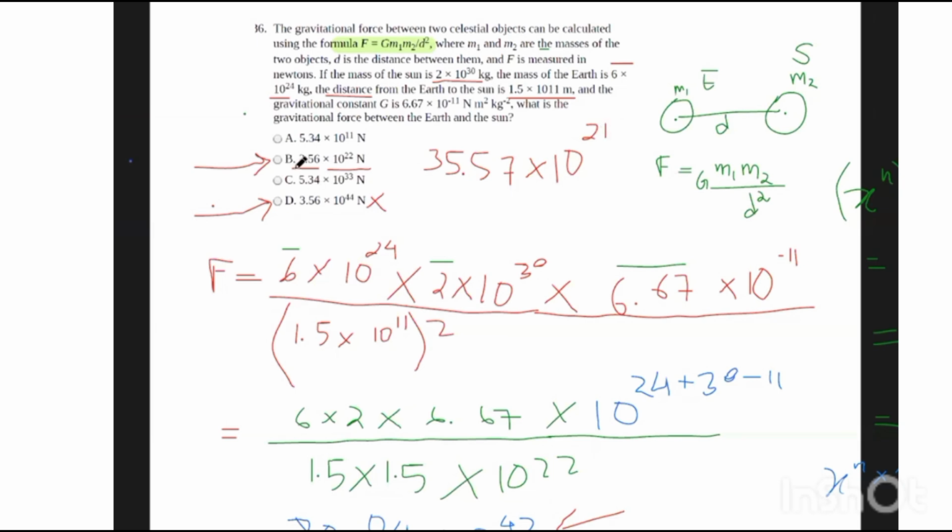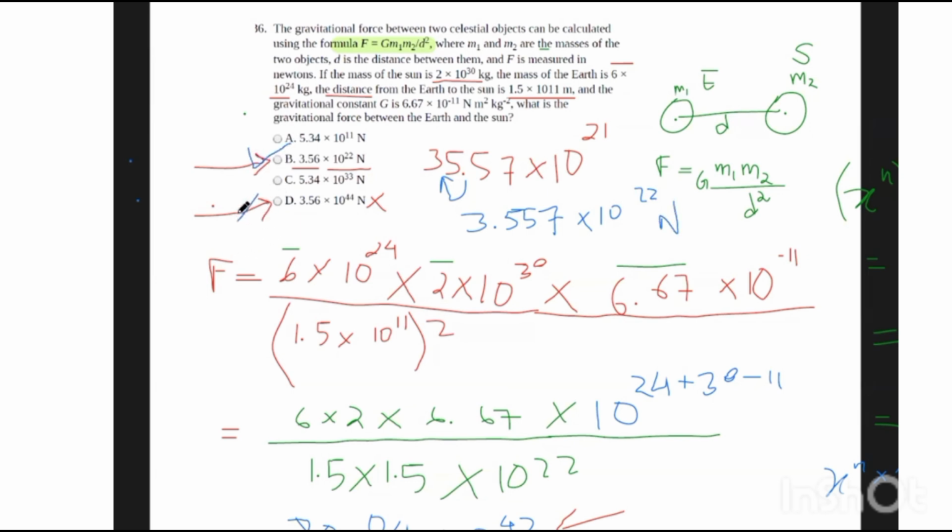Now, if you see herein, it is 3.5, and I hope you recall the scientific notations topic. So when you move the decimal one place to the left hand side, the power will increase. So it will become 3.56 times 10 to the power 22. So we move the decimal simply. 5, 5, 7 has been rounded off to 5, 6. And that's okay. Times 10 to the power 22. This is the answer.